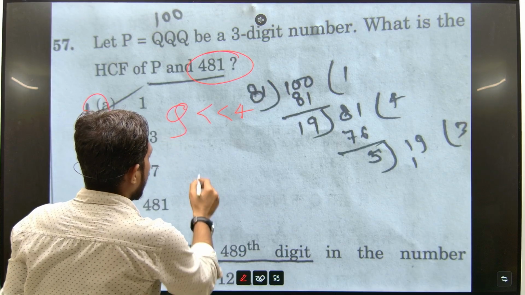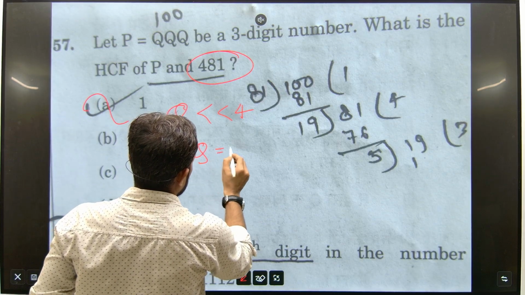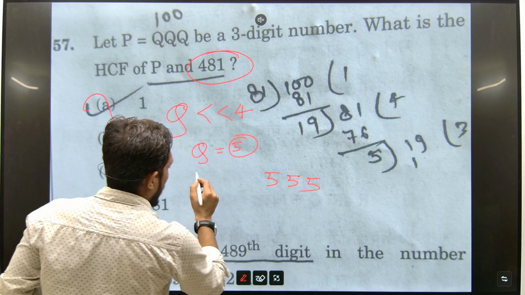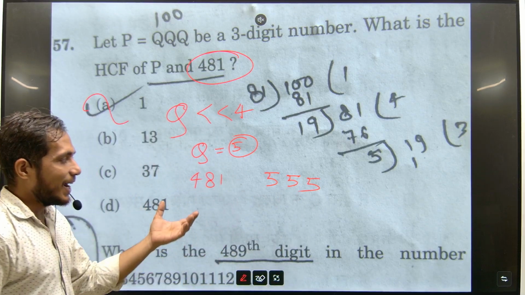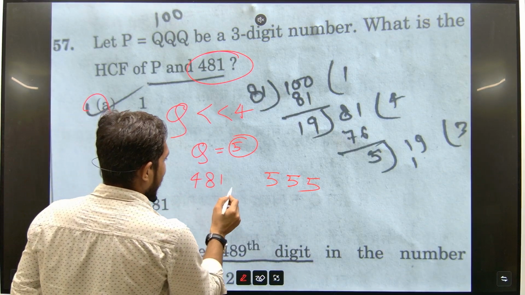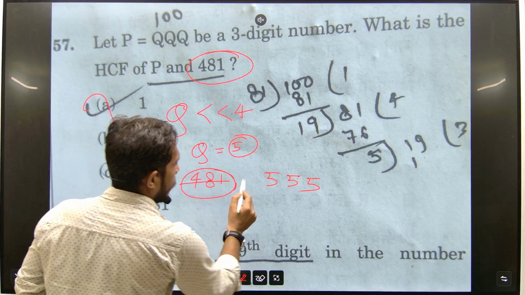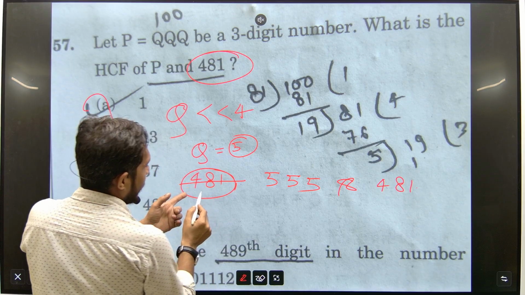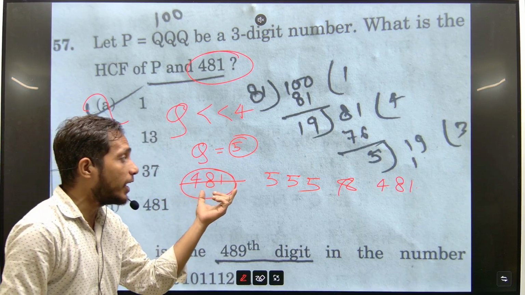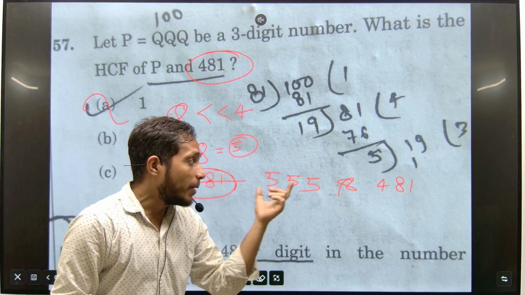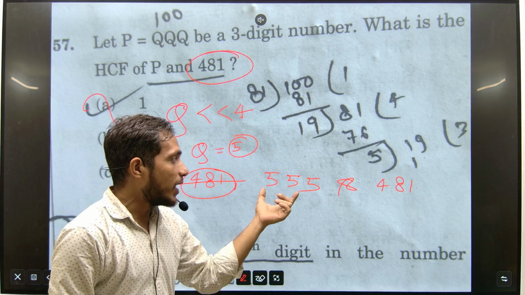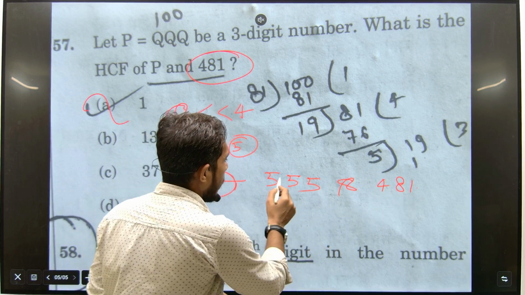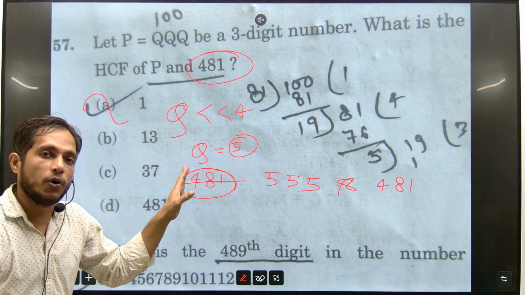Because if the value is greater than 4, it becomes 5. Then the number becomes 555, and we have never read that we can find the HCF of 555 and 481. Yes, we have read that we can find the HCF of 481 and 555, but never of 555 and 481, because 555 is greater than 481.